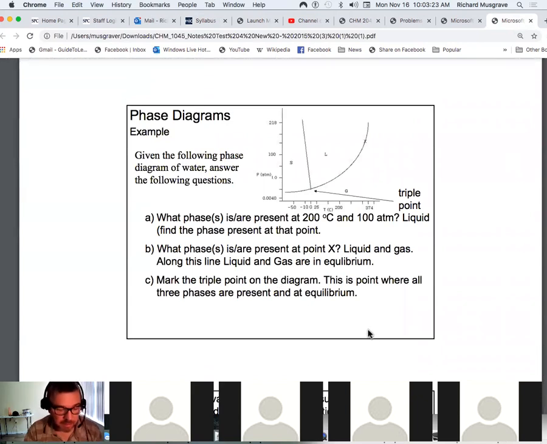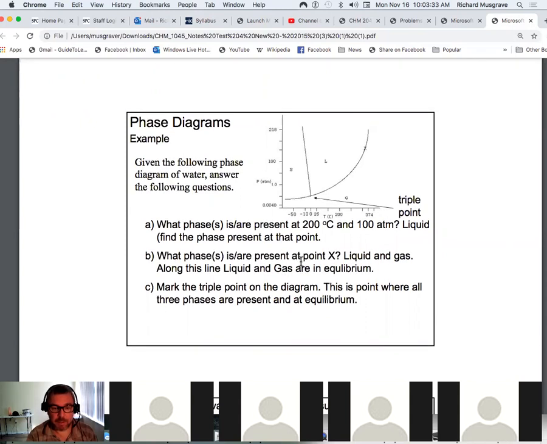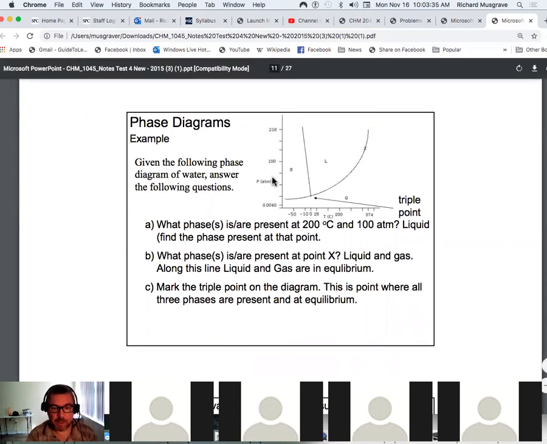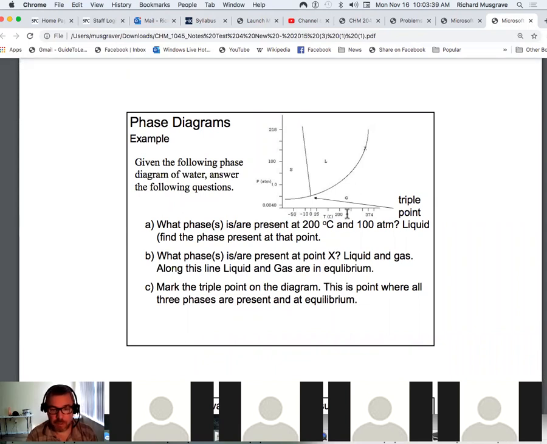Now, phase diagrams. Phase diagrams are actually fairly easy, really. With phase diagrams, there are a number of kinds of questions you'll be expected to answer. And what we're looking at with the phase diagram is pressure on the y-axis and temperature on the x-axis.